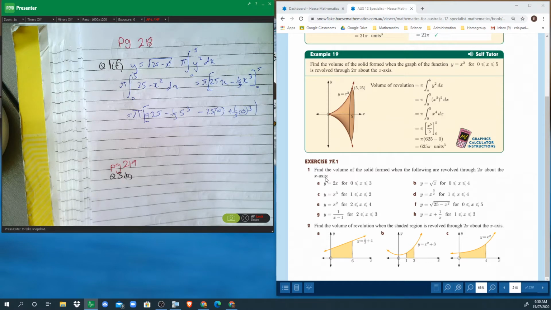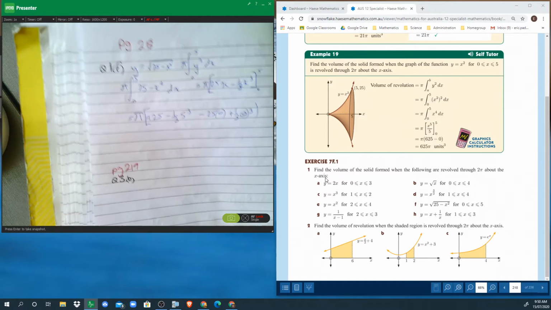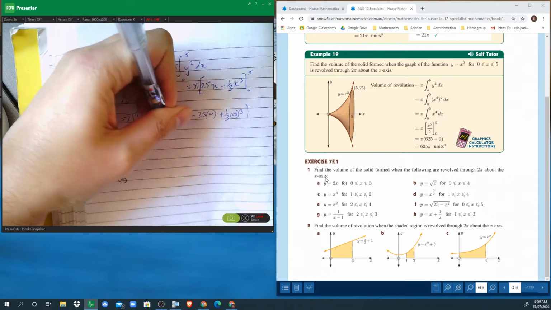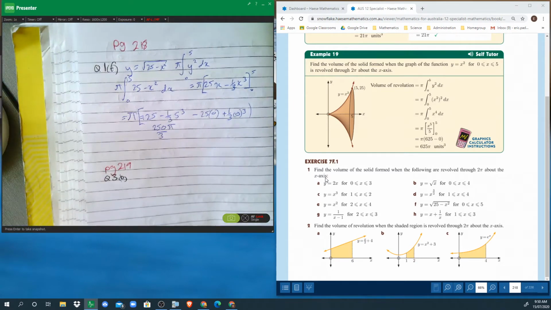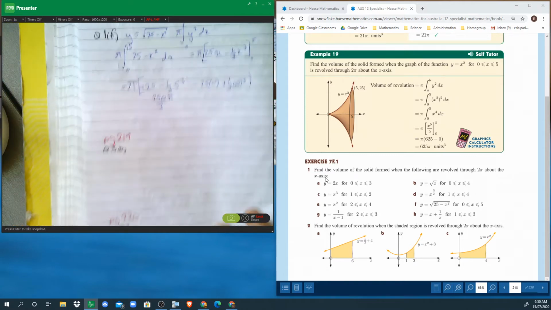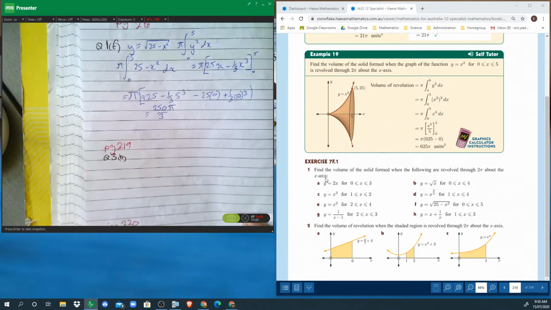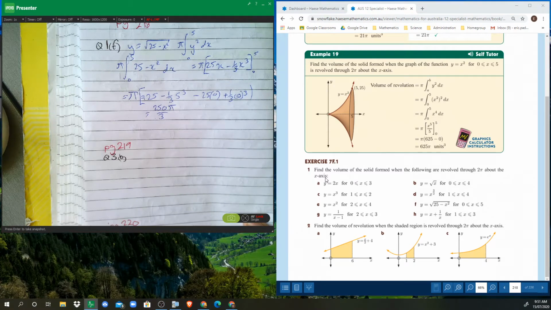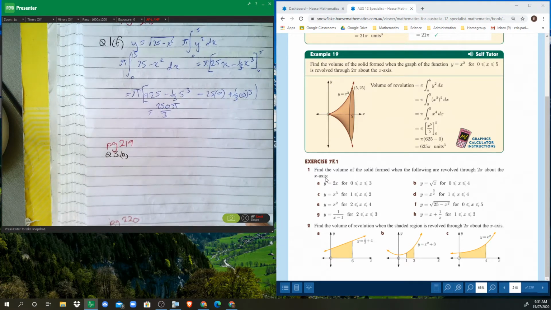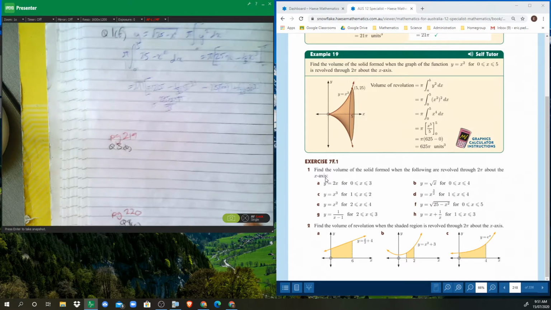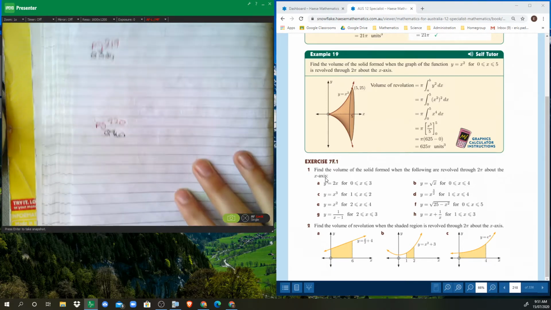It's actually 250 on 3 pi. Whoopsies, nope, I do have it in the correct position. There we go. All right, and there we go. So moving on.